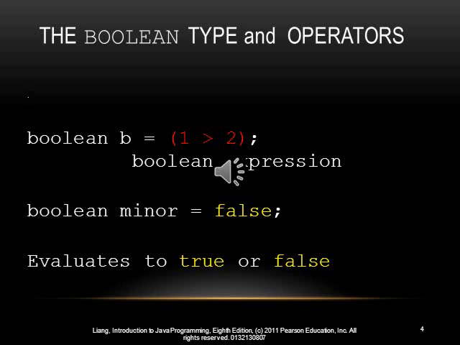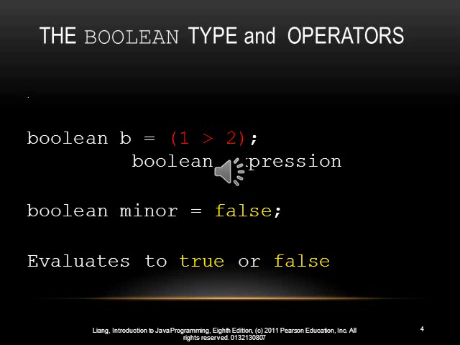And a Boolean expression always returns a value of either true or false. Consequently, we need a new data type that can hold only the value of true or false. And that data type is Boolean.